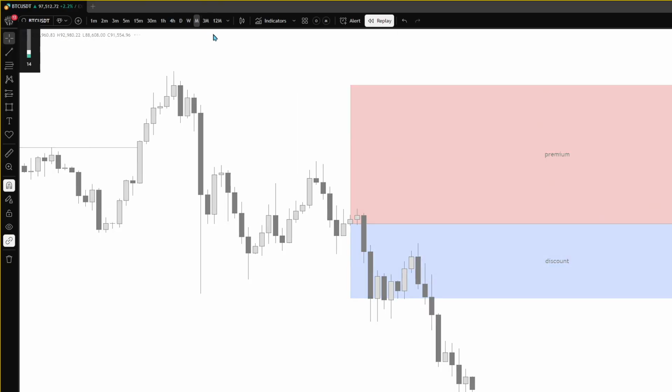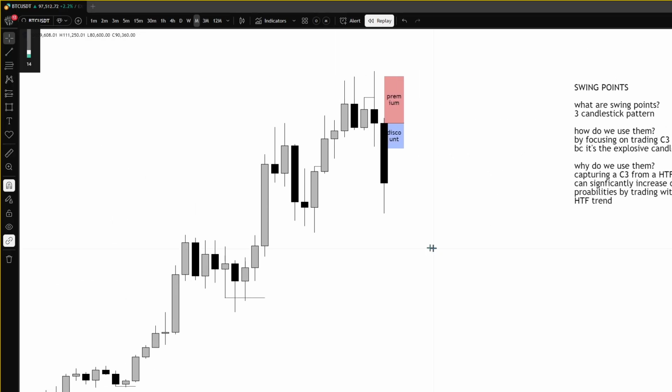So if you can understand, okay, candle 2 is formed, you'll have a way higher probability of trading what candle 3 is going to do, right? Just literally look at every single monthly swing point. You see candle 2 form, and then you see it close back inside candle 1, and then look at candle 3.